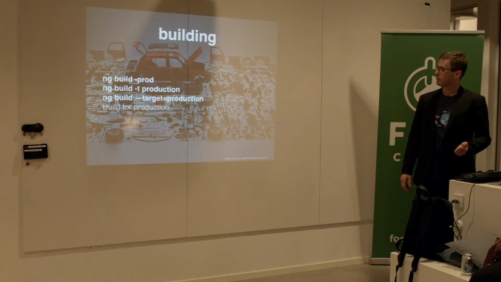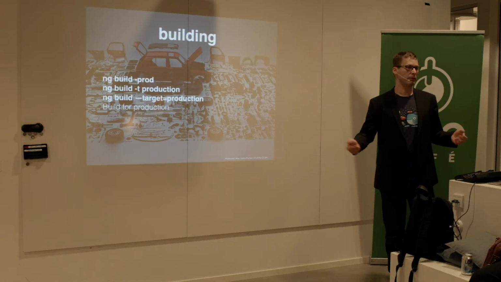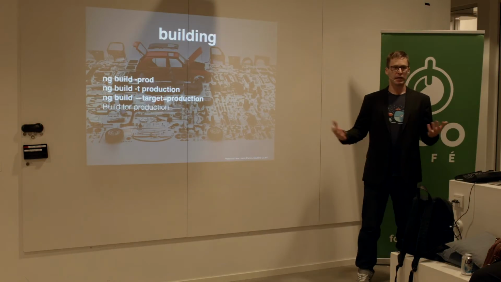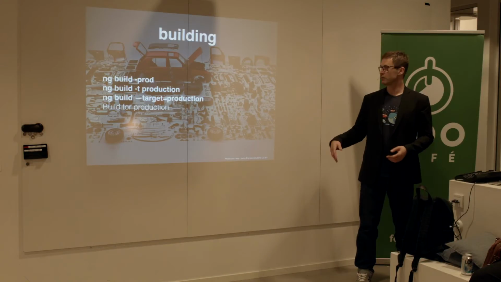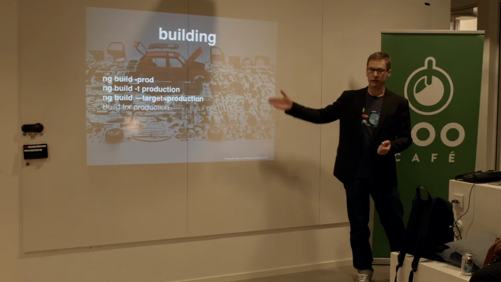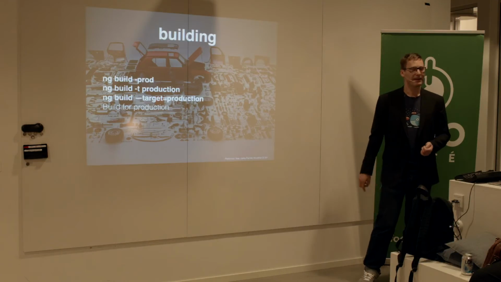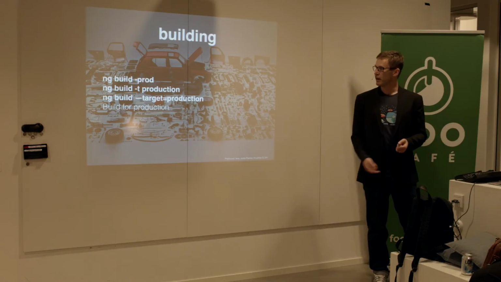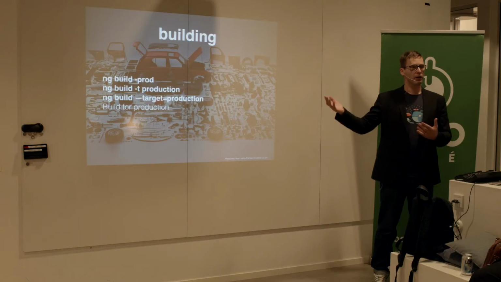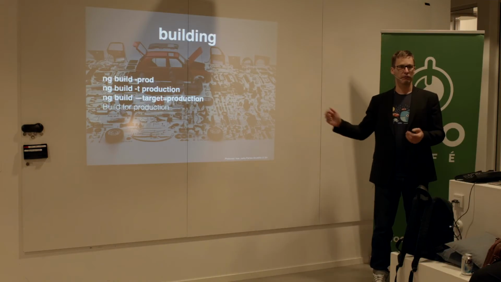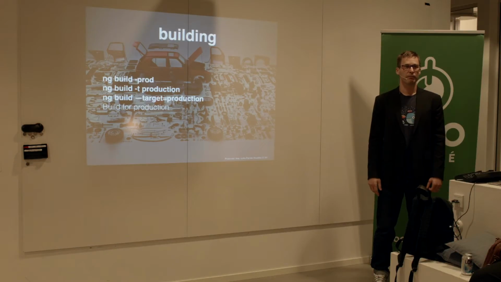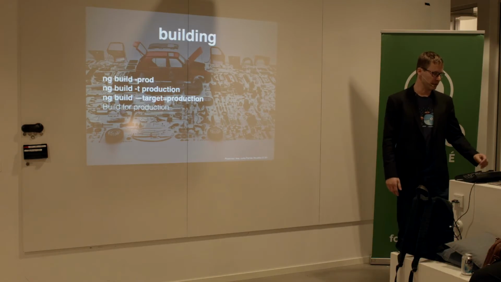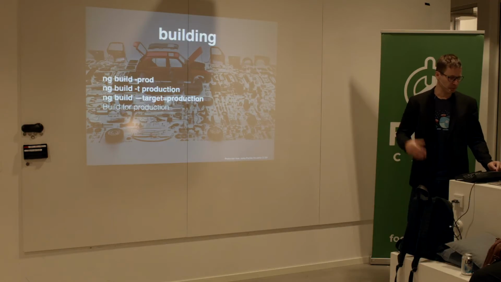When you're building, mostly you build for production, but maybe you build for staging. But staging is really just production with maybe a different environment. So to build for production, you have three ways to do it, longer and longer. And you can also specify that you want to build production with this environment setup. And then you can have a specific setup for the staging environment. And this will create all the code and put it in the dist folder.